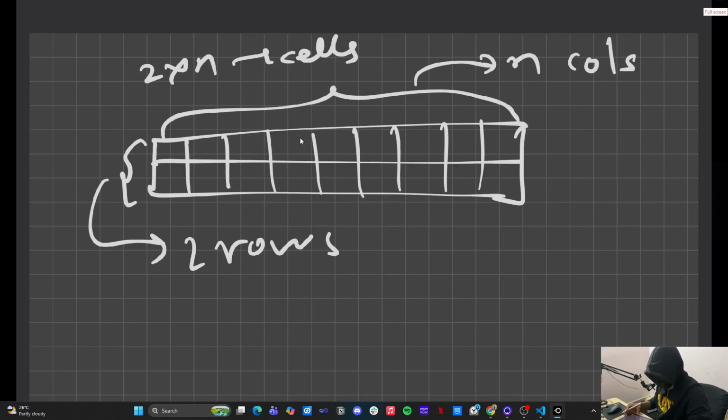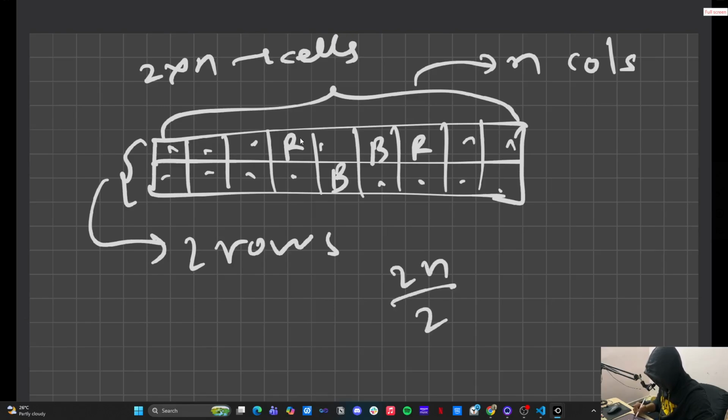Now they have said each cell is painted with either red or blue, so all cells are painted with red or blue. Now what they're saying is we need to make n pairs because there are 2n cells in total. In a pair you'll have 2 cells, so the 2 gets cancelled and you'll get n pairs, obviously, right?